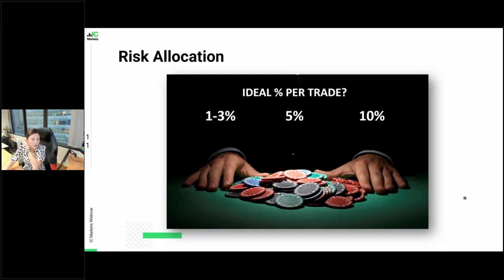I'm not sure if you guys have seen this, but my point to bring across, I have to reshare this. For risk allocation, what would be an ideal percentage that you are willing to risk per trade?